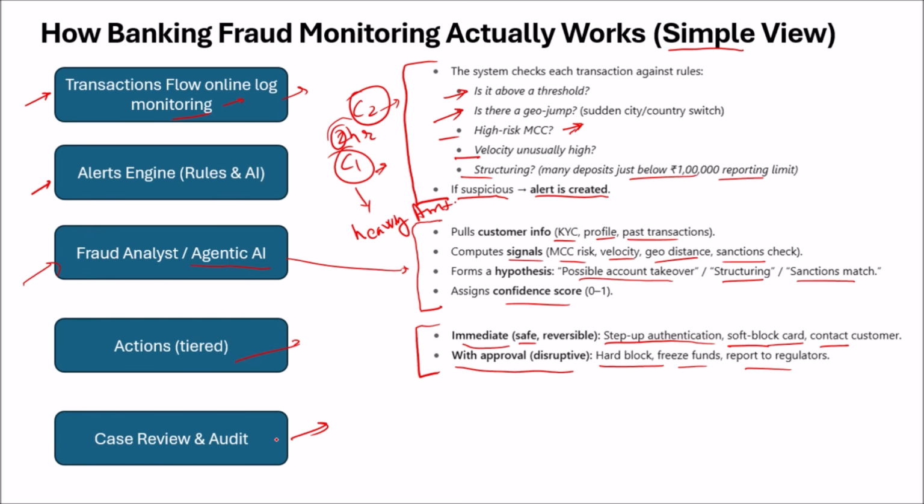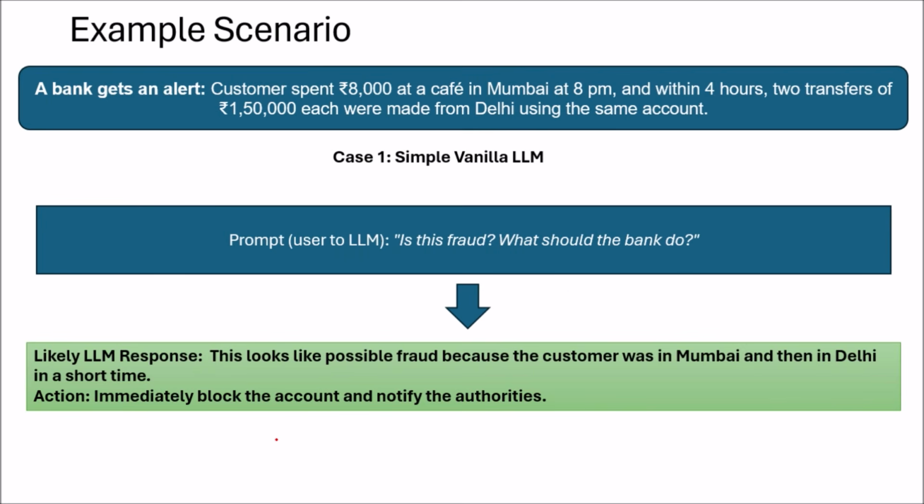Now we will try to develop a similar system using agentic and self-improving prompts. This will give the overview of how practically we can solve such problems. Suppose we have an example. A bank gets an alert that a customer spent 8,000 rupees at a cafe in Mumbai at 8 p.m., and within 4 hours two transfers of 1,50,000 or 150k each were made from Delhi using the same account.